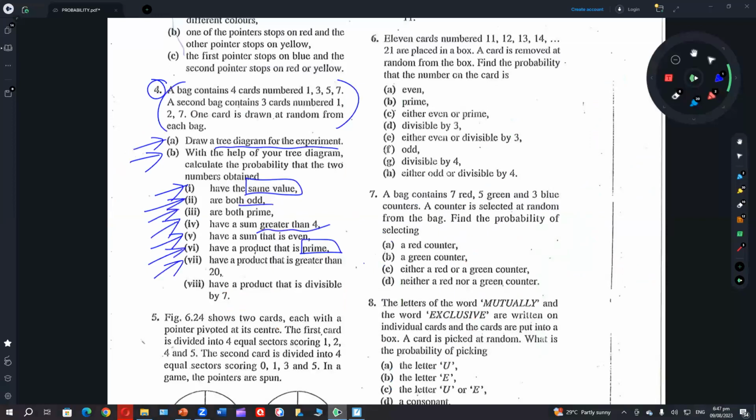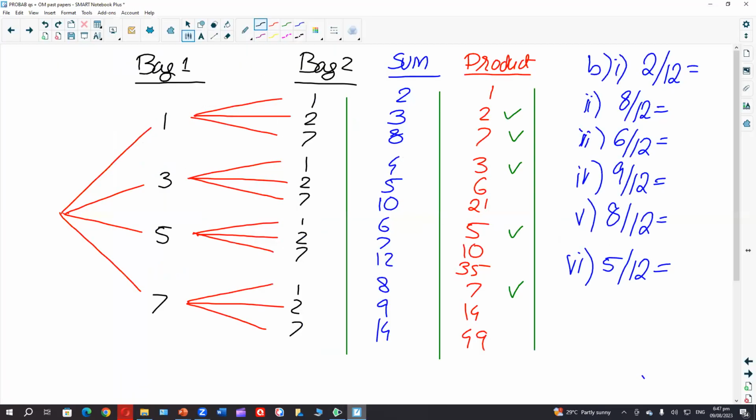Now read number 7. That would be 3 over 12. How come 3 upon 12 greater than 20?